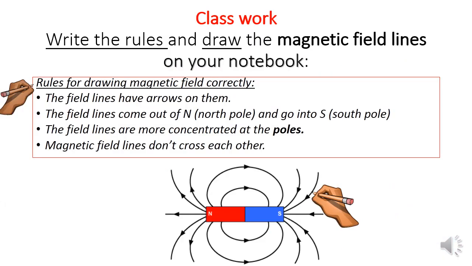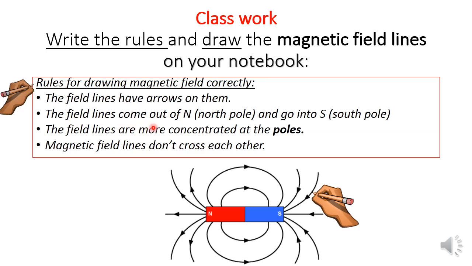We have a classwork now. Open your notebook with me and write the rules and draw the magnetic field lines in your notebook. Rules for drawing magnetic field lines correctly. First, the field lines have arrows on them. As you can see here, all the arrows are drawn on the curved and on the straight lines.